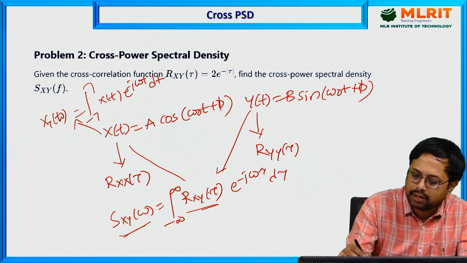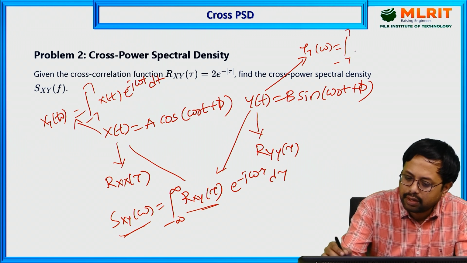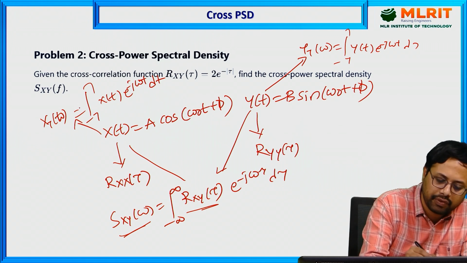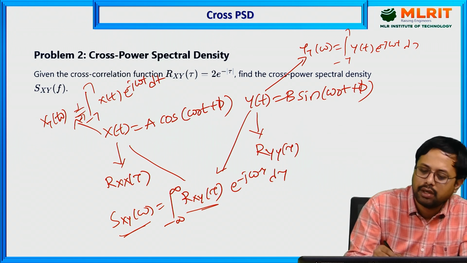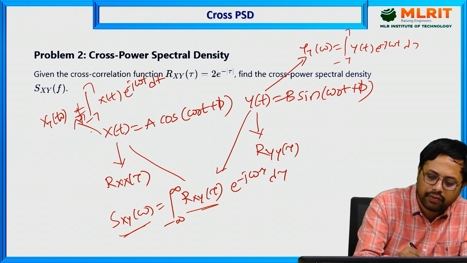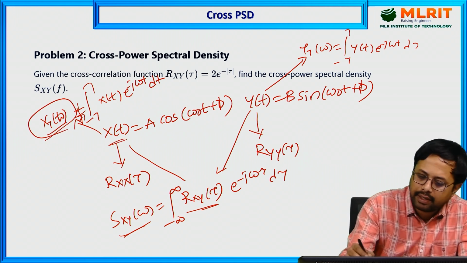Next you have to solve YT of omega for the interval minus T to T of y of t e power minus j omega t dt. Before that, you have 1 by 2T. This we have to solve for x of t, XT of omega and YT of omega.